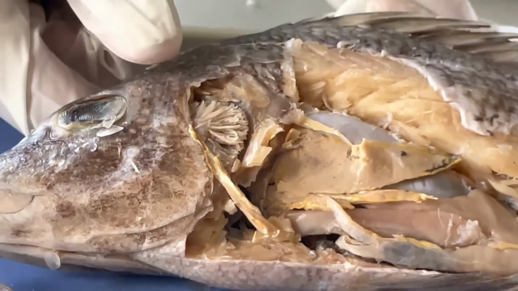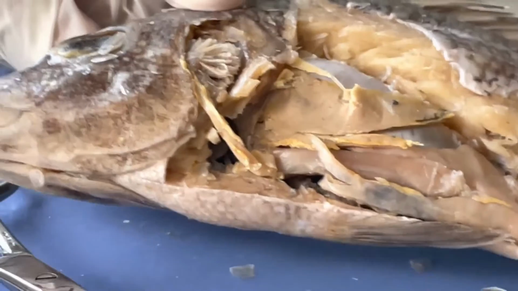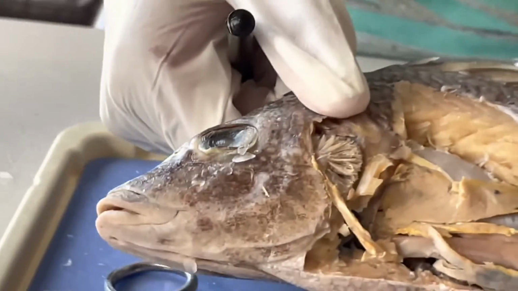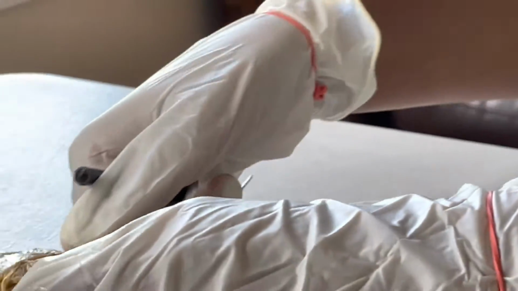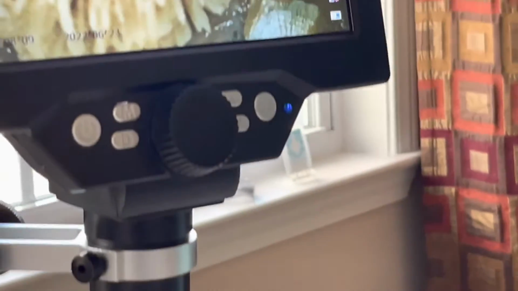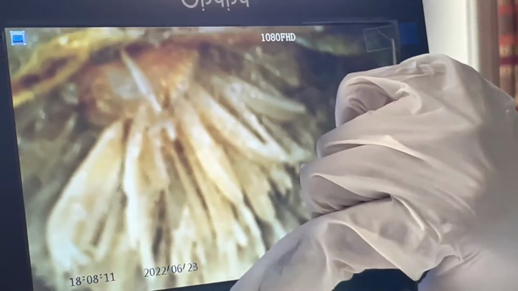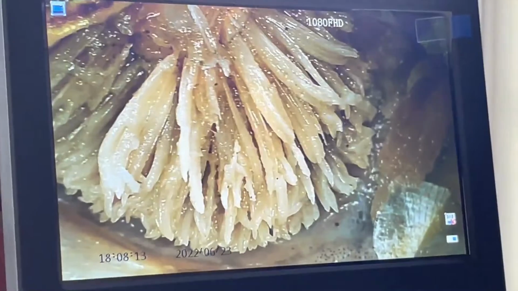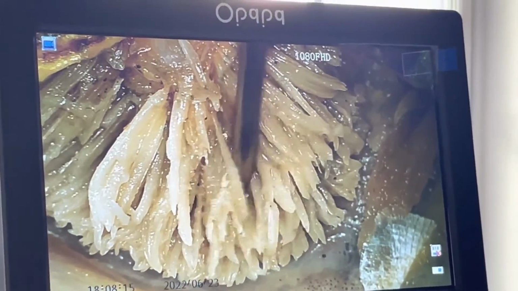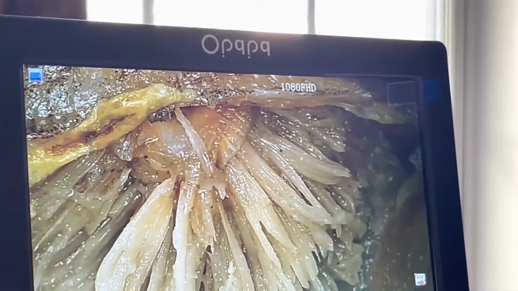Let's take this over to the digital microscope to view the gills in more detail. Okay, so here are the gills, and you can see the gill filaments.